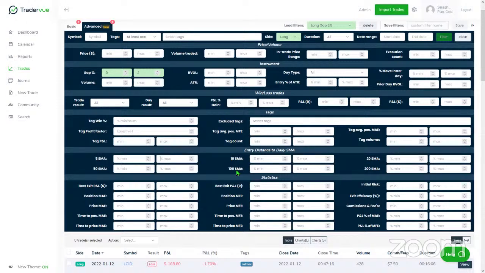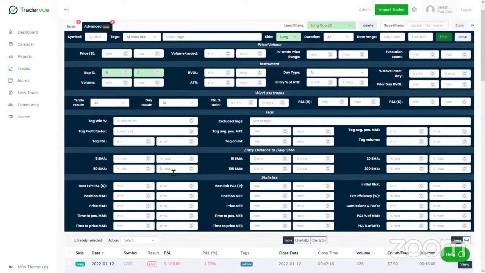So a lot of traders trading mean reversion type of strategies are using this filter to understand what criteria they're defining, what exactly a mean reversion trade means for them.